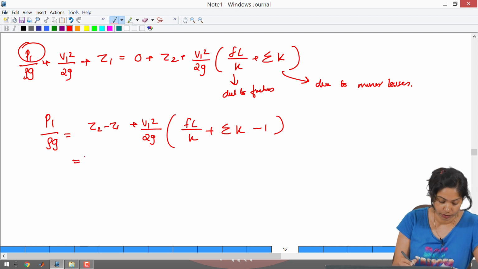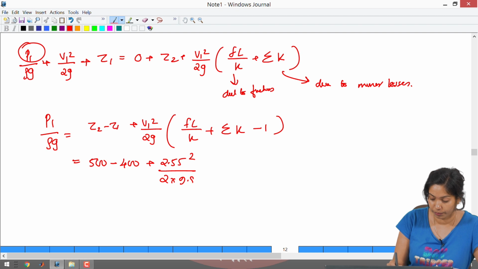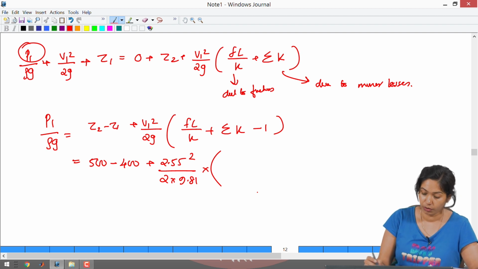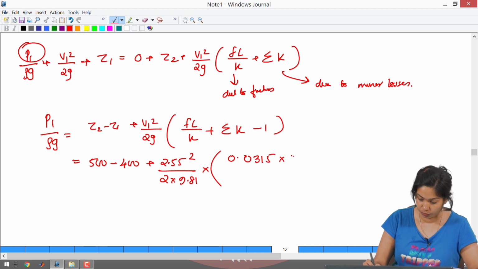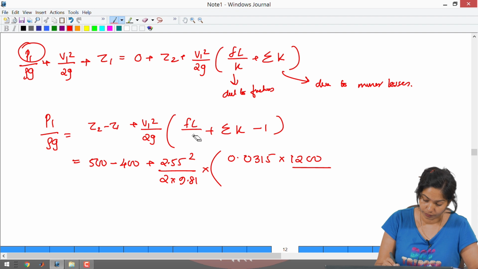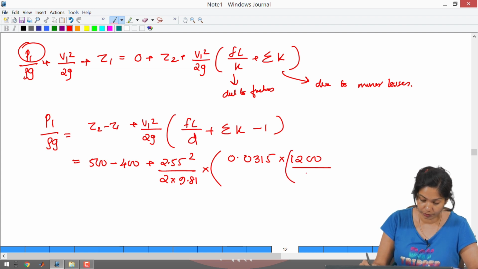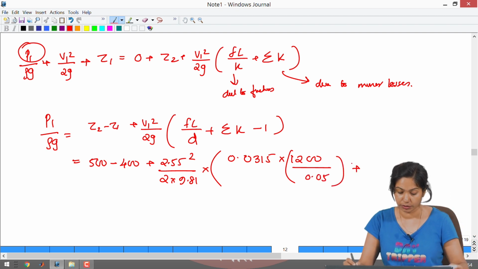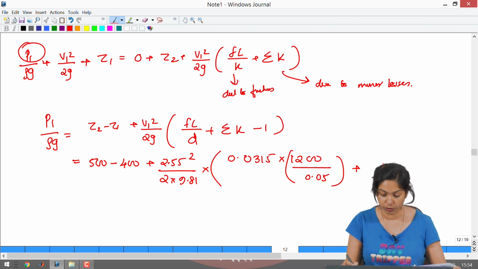When we substitute all the values, we get 500 minus 400 plus the velocity we got, 2.55 squared, divided by 2 into 9.81, into, from the Moody chart, the friction factor equal to 0.0315, into length 1200 divided by diameter 0.05, plus the summation of the loss coefficients.